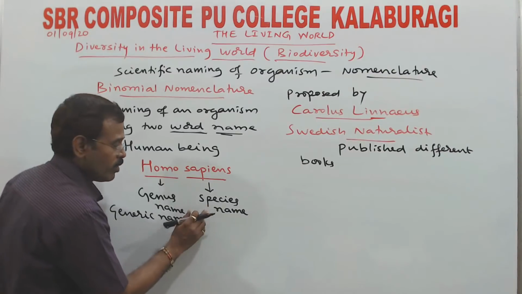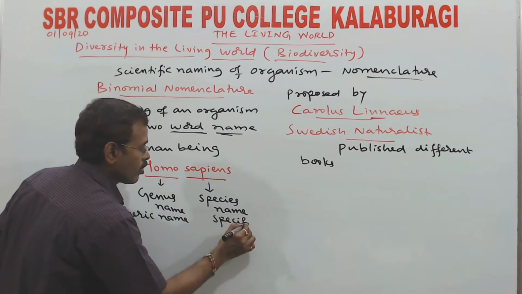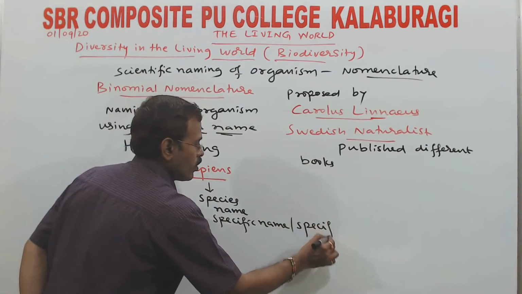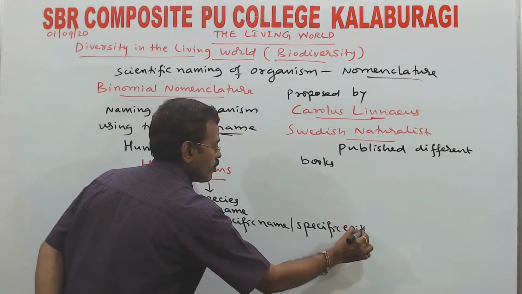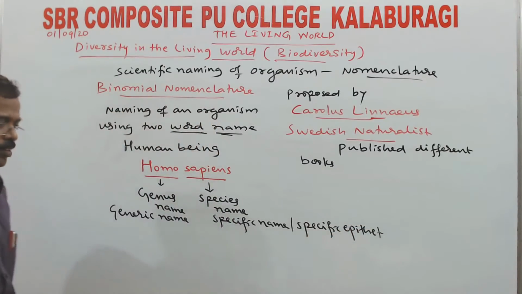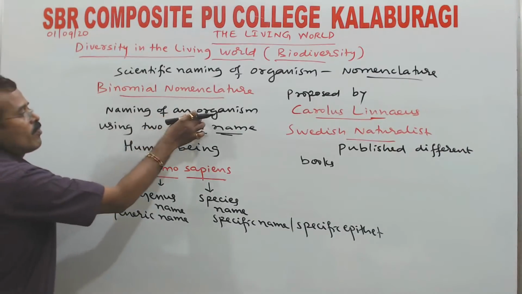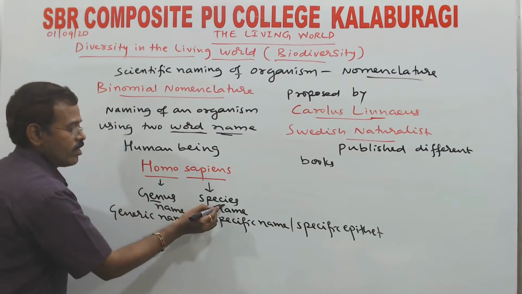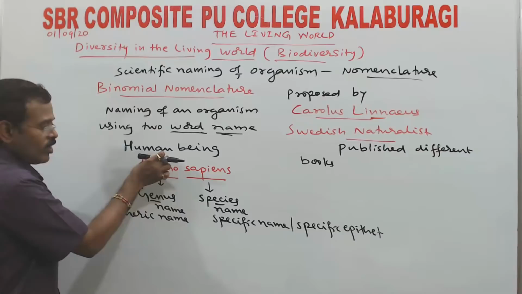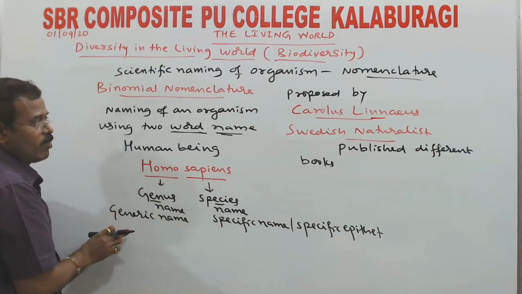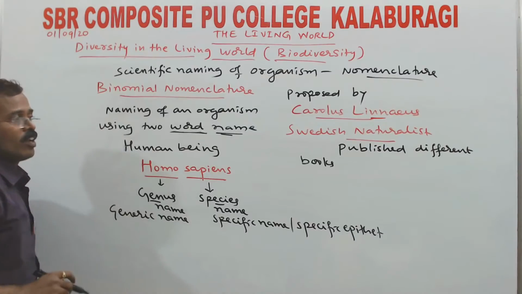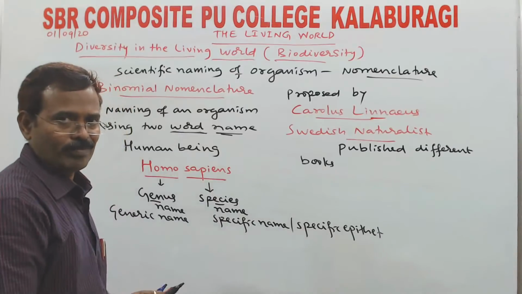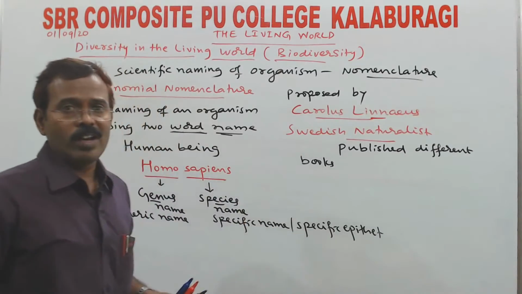The Latinized name of species is the specific name, or what we say, specific epithet. So scientific naming of an organism using a two-word name, first genus name and second species name. This type of naming we call binomial nomenclature. It was given by Carolus Linnaeus. Remember.